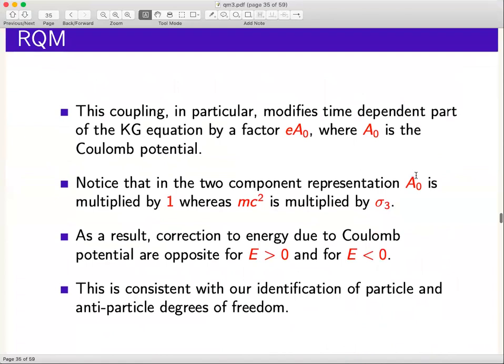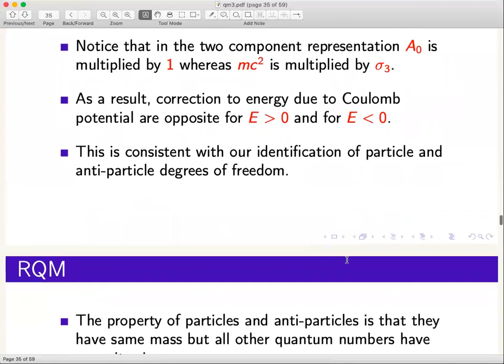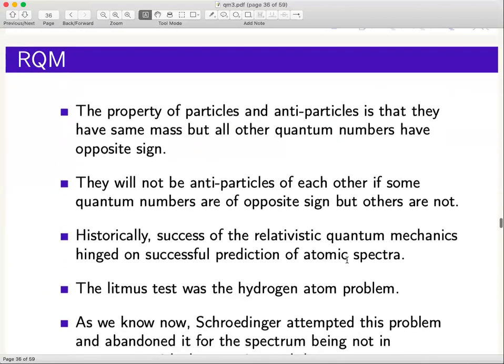But even if A0 comes with the identity matrix, it is multiplied by e, and the charge e is opposite for particle and antiparticle, and therefore what you actually find is that the Coulomb potential has opposite correction to energy for a positive energy particle versus a negative energy particle. Okay, and this is consistent with what you would have expected with charged particles and their antiparticles having opposite charge.